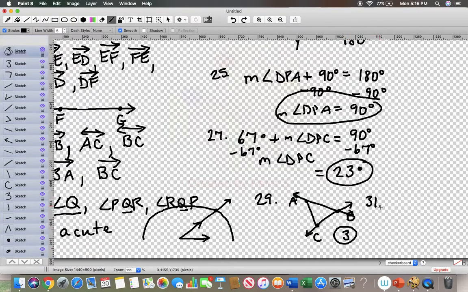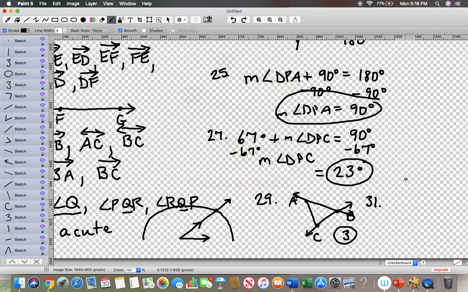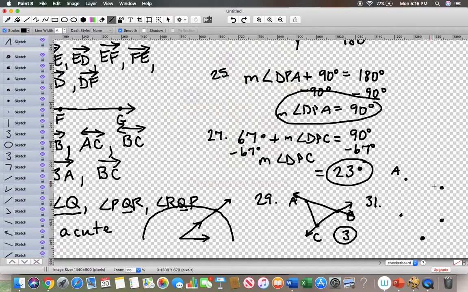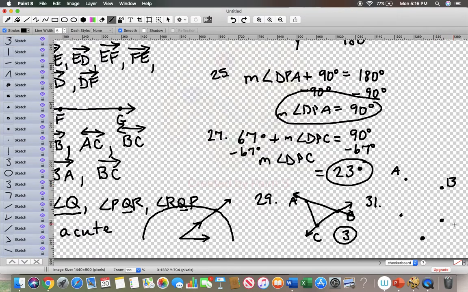What about number 31? Any 2 of, now I've got 5 points. How many lines can I draw through 5 points without it being the same line?